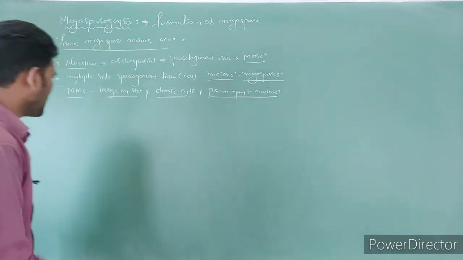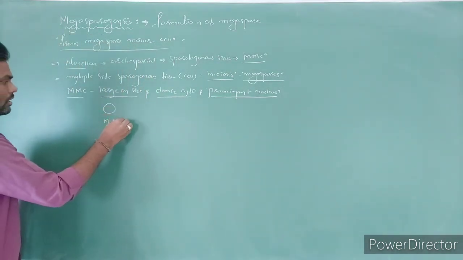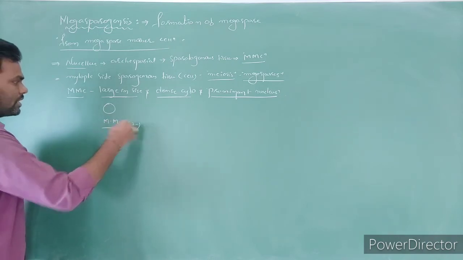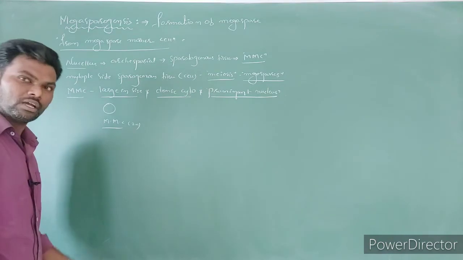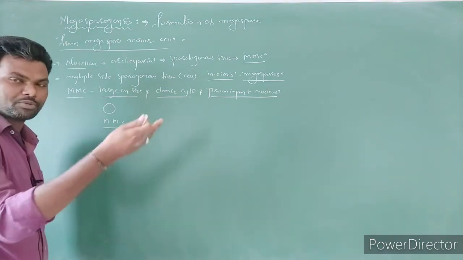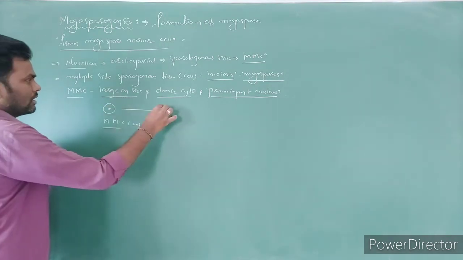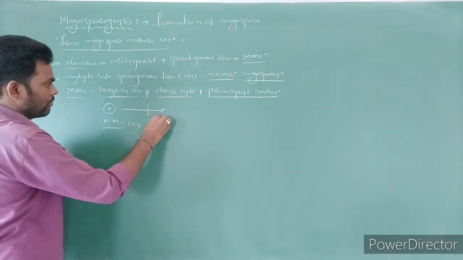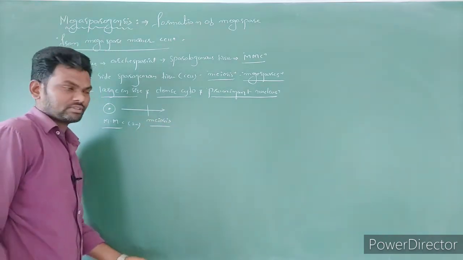Now this megaspore mother cell, what is its ploidy? Diploid. What is the ploidy of sporogenous tissue? Diploid. What is the ploidy of archesporial cells? Diploid. This megaspore mother cell undergoes which division? Meiosis division, and produces 4 cells.